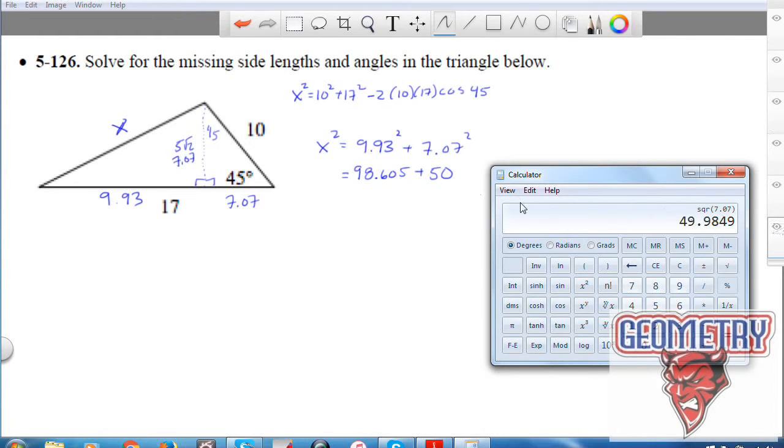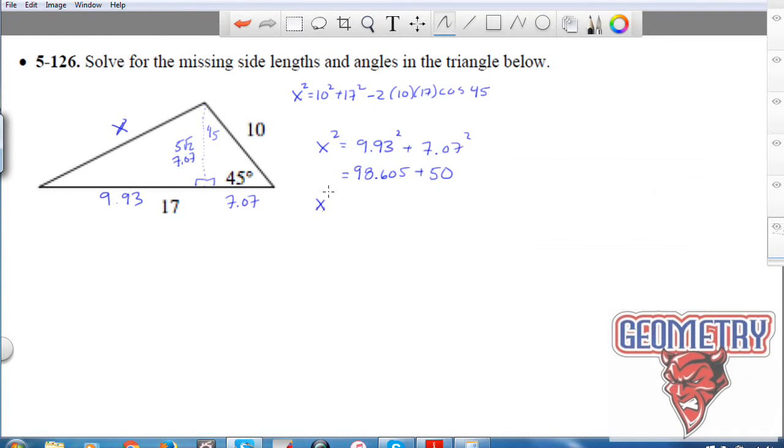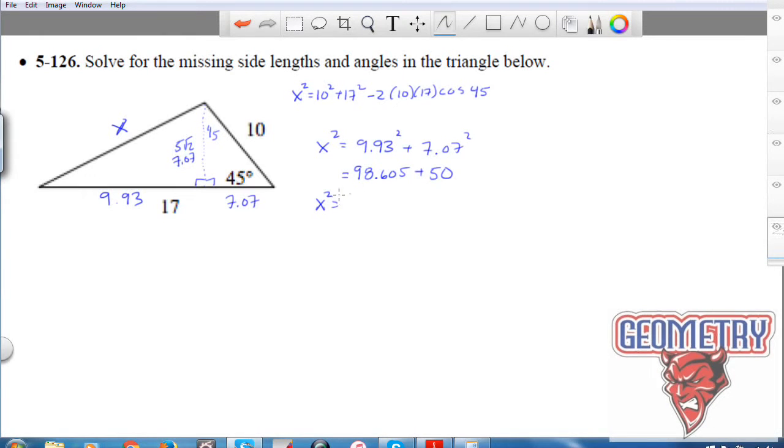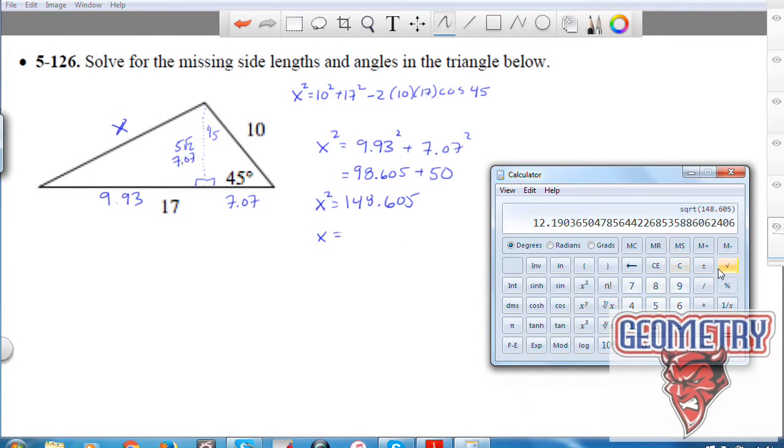Okay, so let's just do that. 50 plus this 98.605 gives us x squared to be 148.605. And so we want the square root of that. So x equals 12.19.